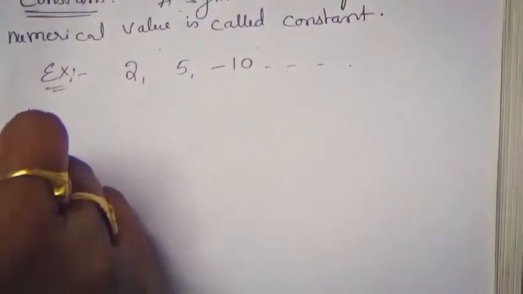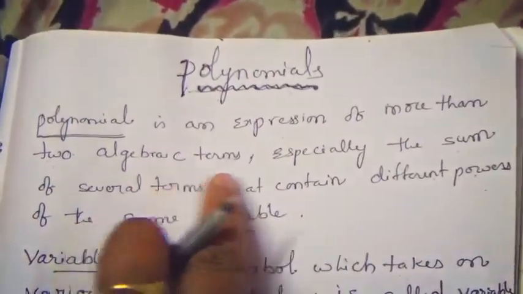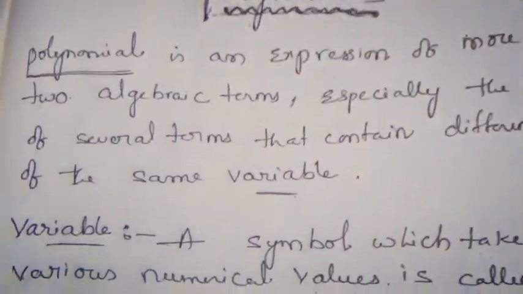Next, what is an algebraic expression? A polynomial is an expression of more than two algebraic terms. So what is an algebraic expression?